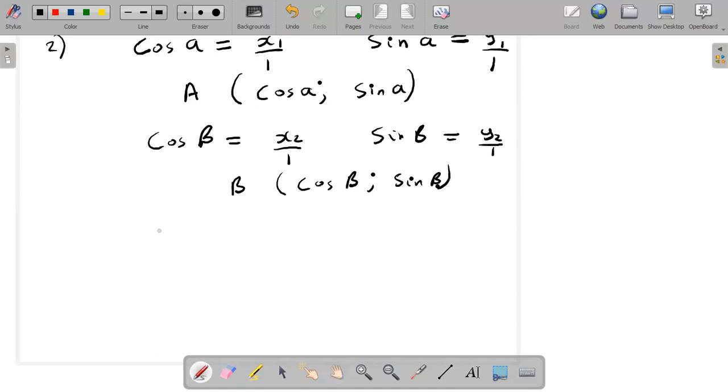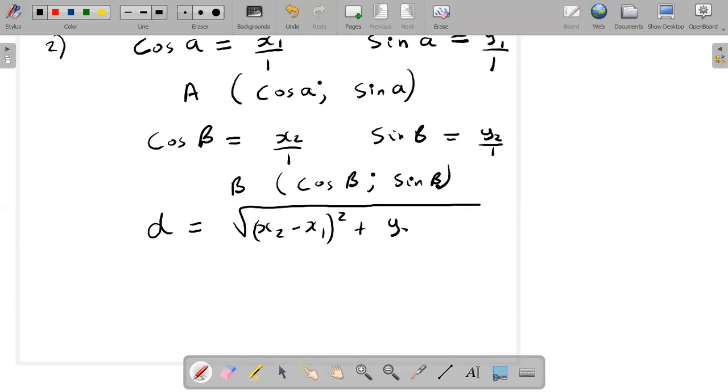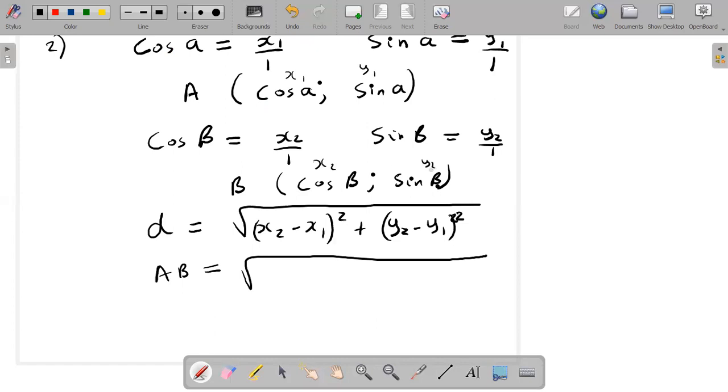The distance formula says that D is equal to the square root of (x2 minus x1) bracket squared plus (y2 minus y1) bracket squared. In this case, AB is therefore equal to the square root of, remember, this is our x1, y1, and this is our x2 and y2 respectively.